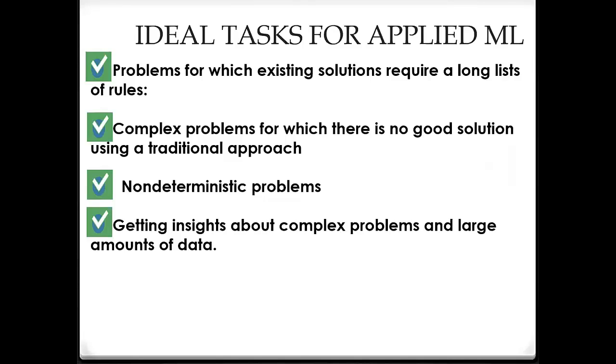And the other task could be to solve complex problems for which there's no good solution using a traditional approach. And also non-deterministic problems. What we mean by non-deterministic problems is that it's very unpredictable what might happen next. So to really come up with, let's say, a mathematical description of that becomes very difficult.